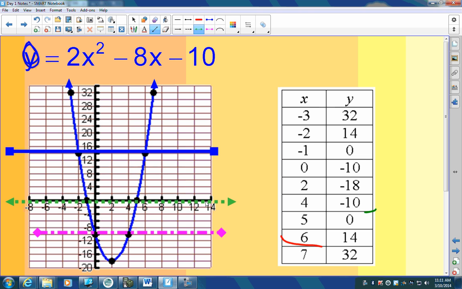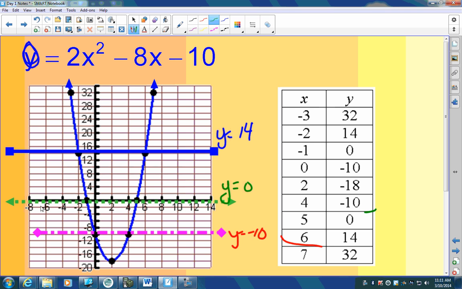Now that line is actually a very special line. This is y equals 0 on my equation, just like this one up here is y equals 14. Down here was y equals negative 10. But y equals 0 has a special name. What is that line?